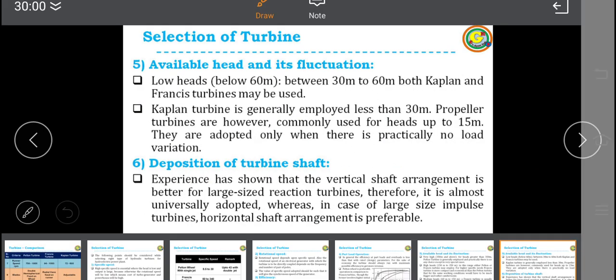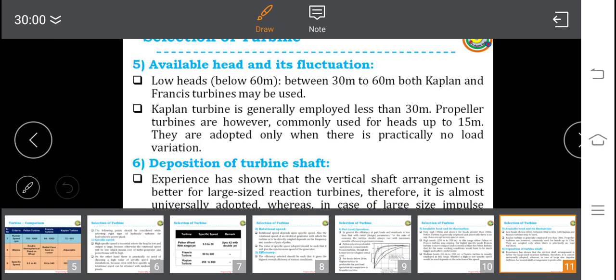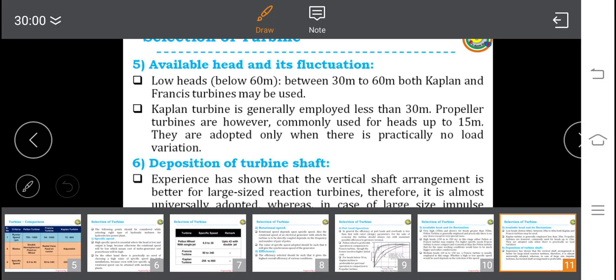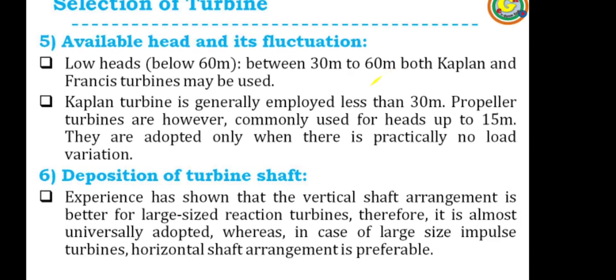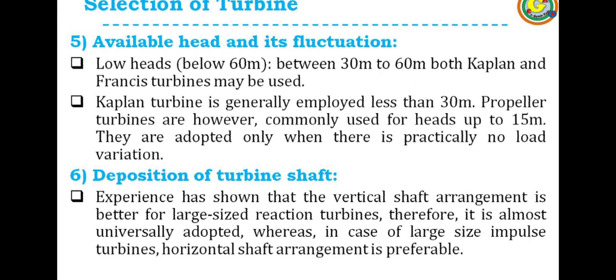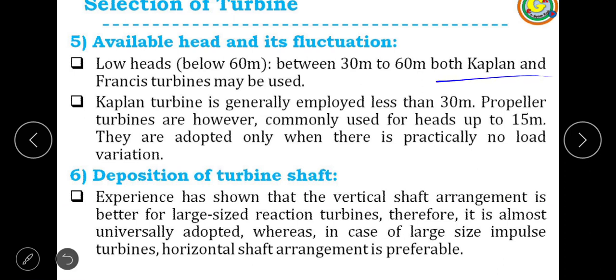Next. Another point. Available head and its fluctuation is continued. Low heads, that is below 60 meter, between 30 meter to 60 meter, both Kaplan and Francis turbines may be used. This is how selection of turbine should be made judiciously by the engineer in charge.